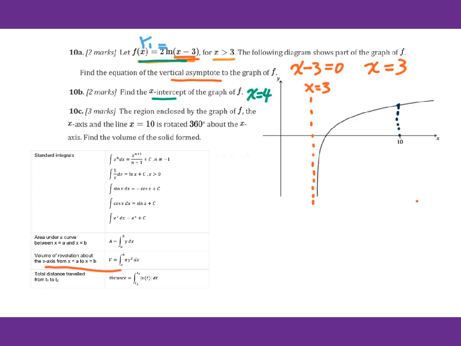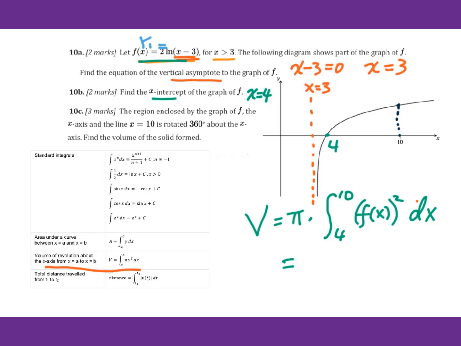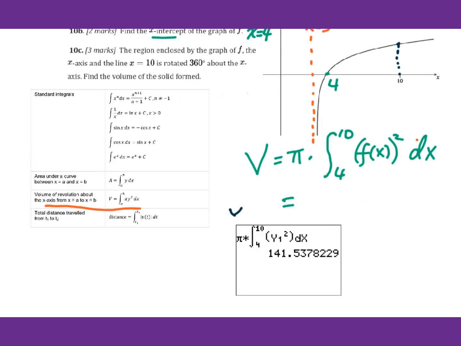According to this formula, we can write down volume equals pi times the definite integral of f of x squared, from the x-intercept 4 to 10. Then we put it into the calculator. Make sure y1 equals the f of x function. You will get 142.